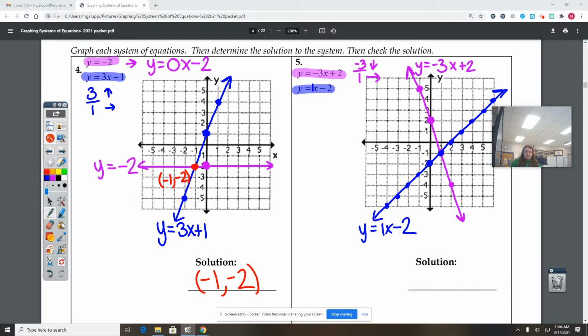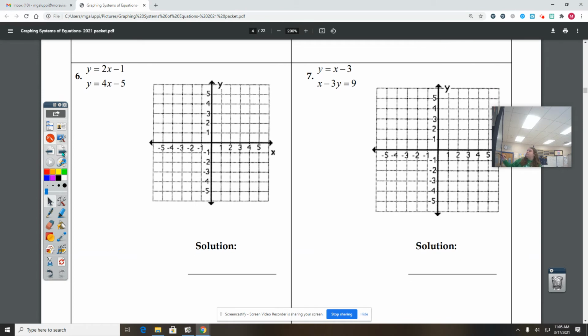So my lines are graphed, they're labeled, and now all I have to do is find where they intersect. So there's the intersection at 1, -1. So my solution is the point 1, comma, -1. Make sure you're giving both the x and the y coordinate. Pause it if you need to write anything down.